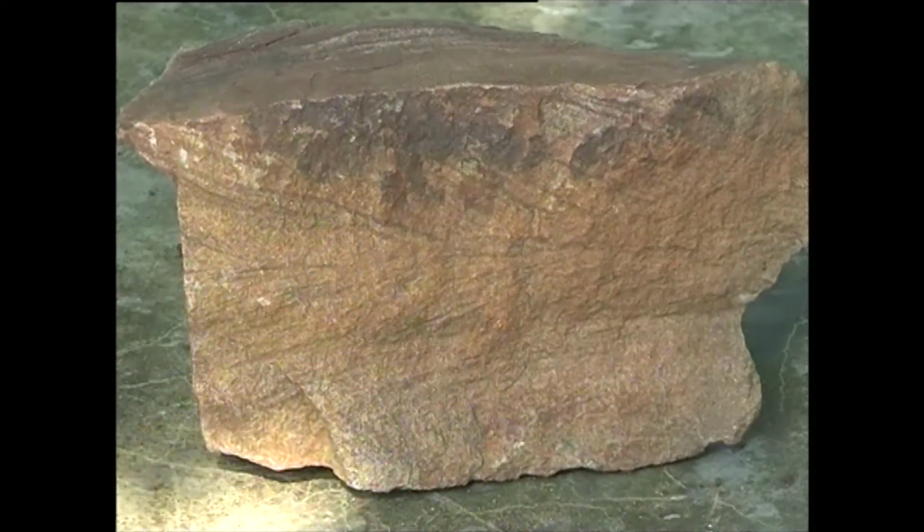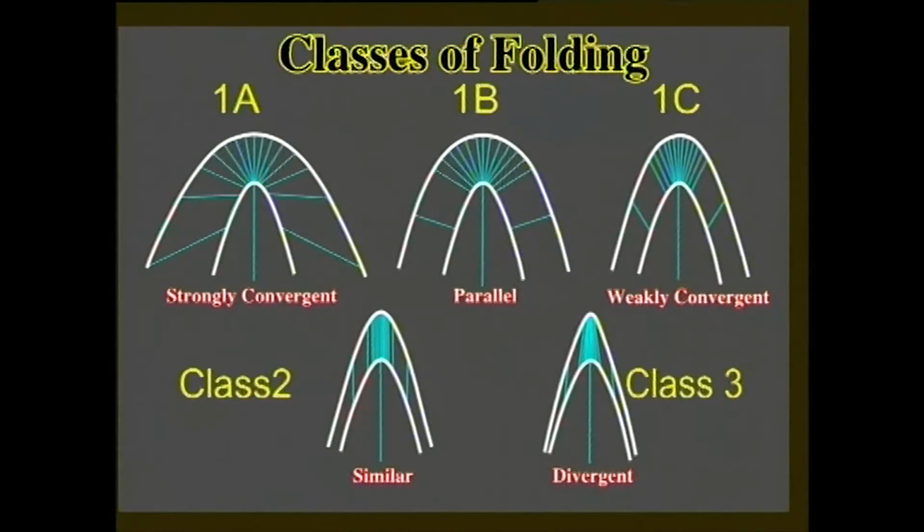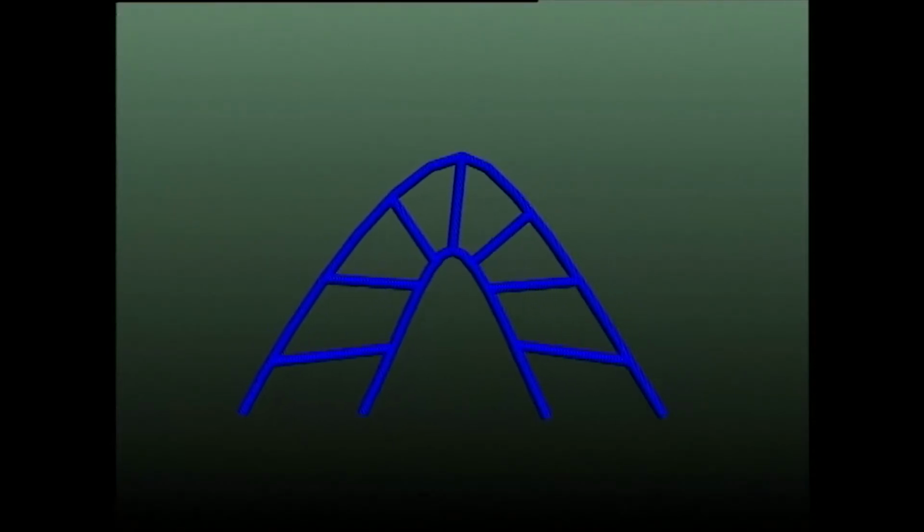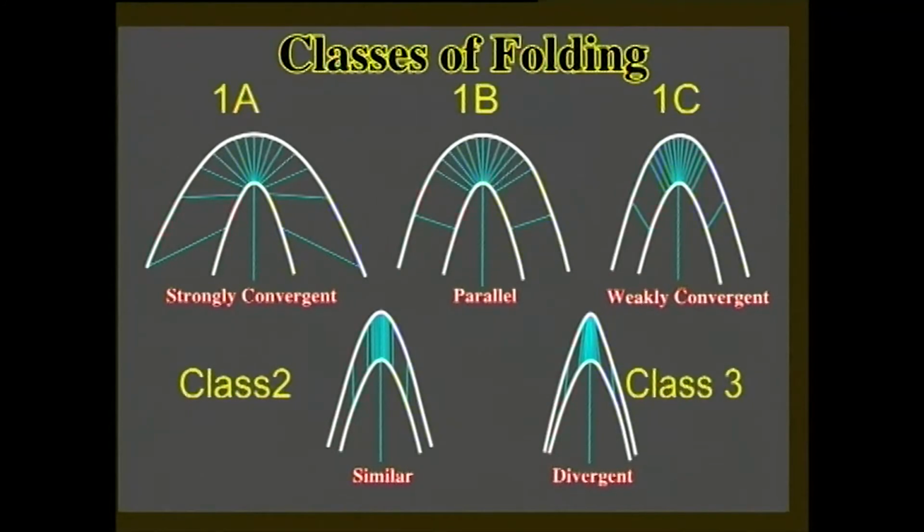Class 1A folds are those which have a strong convergence of the dip isogons. The beauty of Ramsay's classification is that the strong convergence is not only qualitative, but he quantitatively defined it. Ramsay classified his class 1 folds into 3 subclasses: 1A, 1B and 1C.